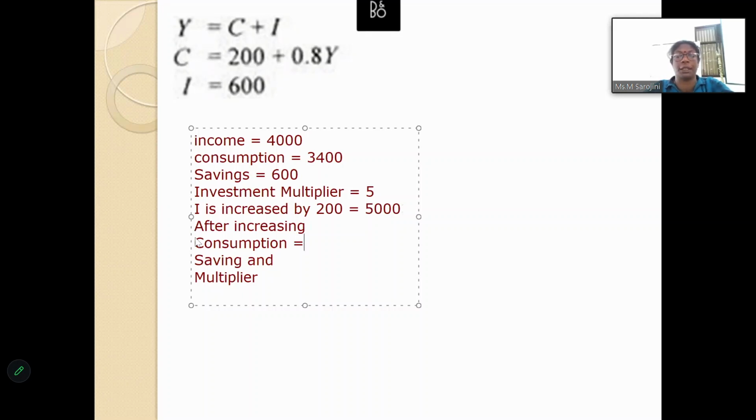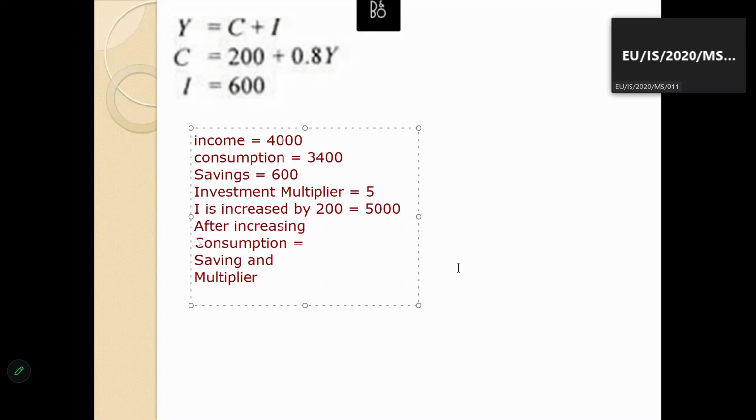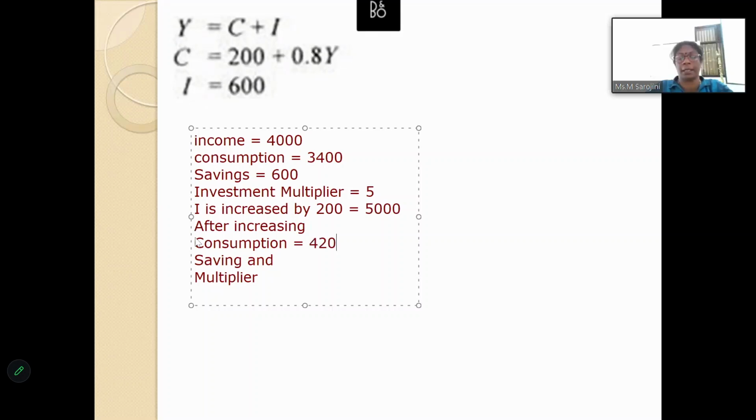What is the consumption after increasing the national income? What is the answer? 4,200. Is it correct?